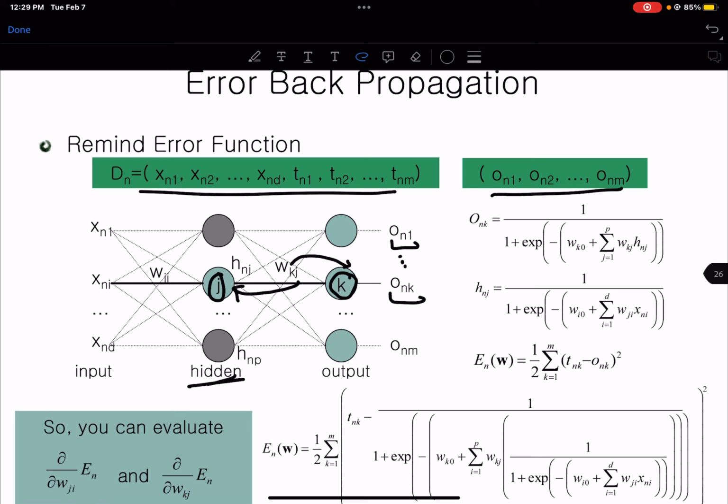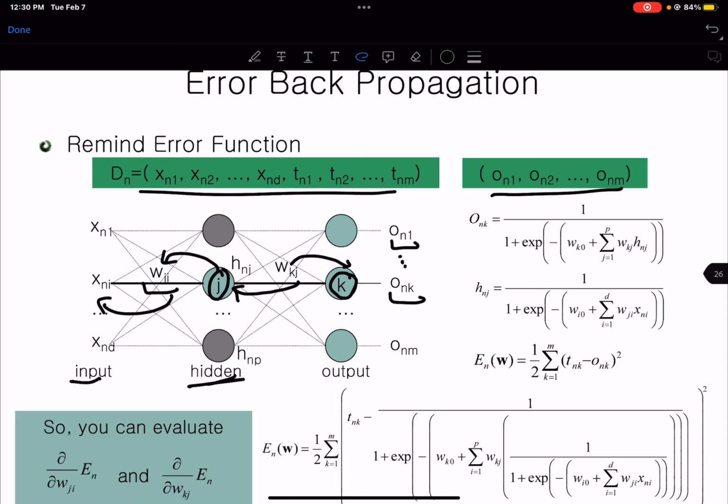Because this is j, and n is the node from where the input is coming, all inputs will be utilized to calculate the value of H of n j. The weight values between the input layer and the hidden layer will be defined by w j i.